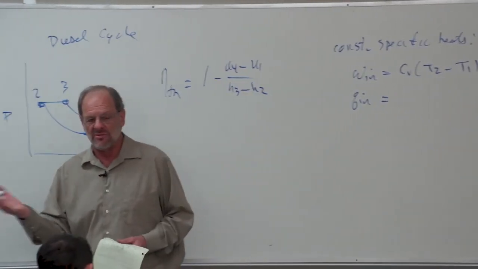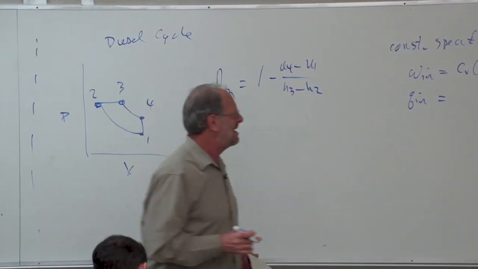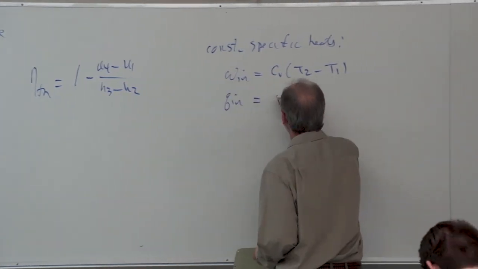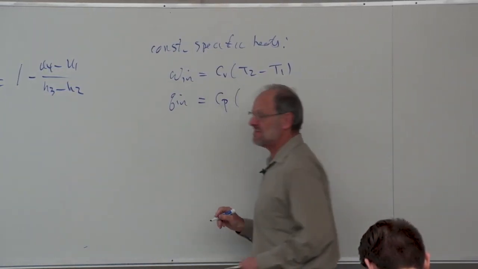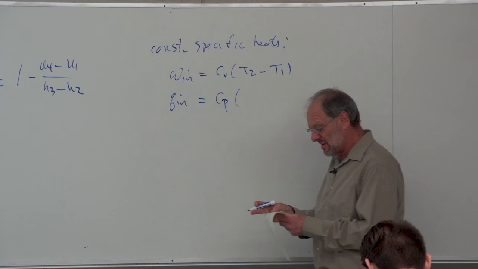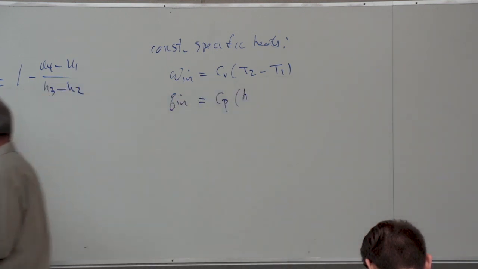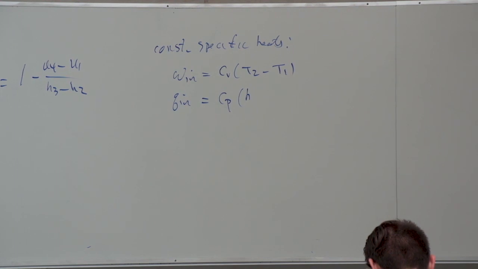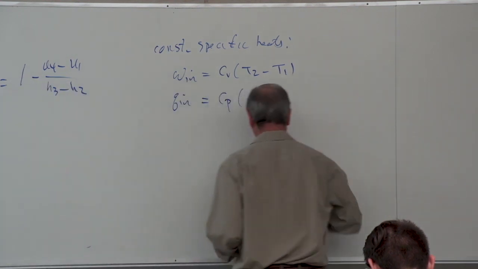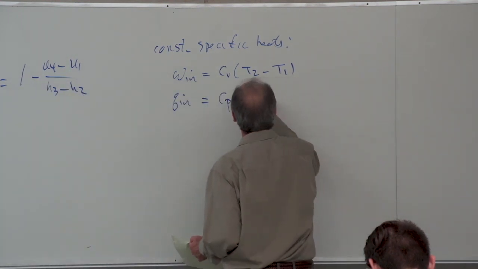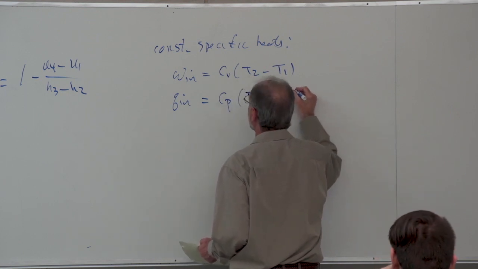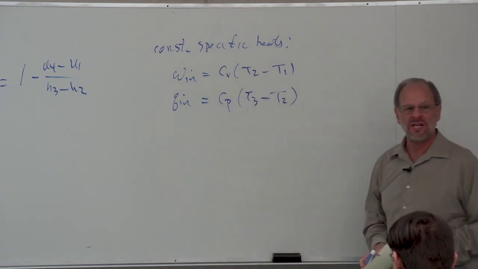We just combine the boundary work with the internal energy change, and that gives me the enthalpy change, and therefore the enthalpy change is now Cp times the change in temperature as we go from 2 to 3. So just T3 minus T2. Okay, so that's our heat input term.